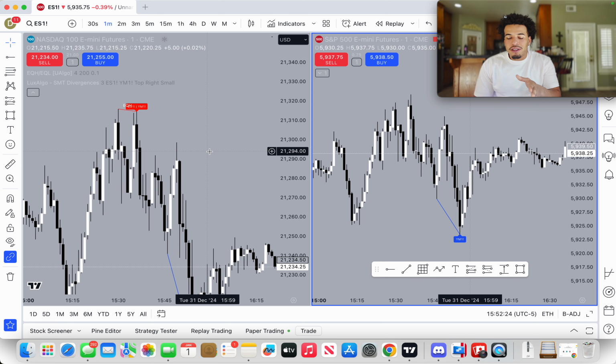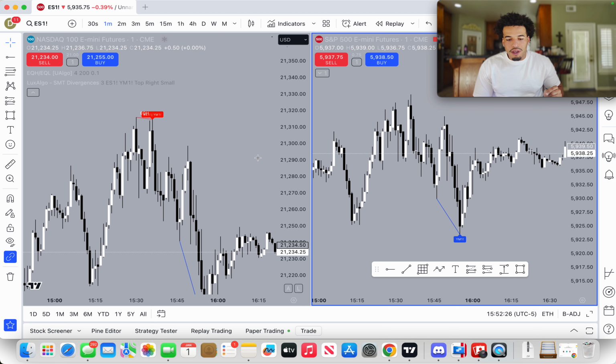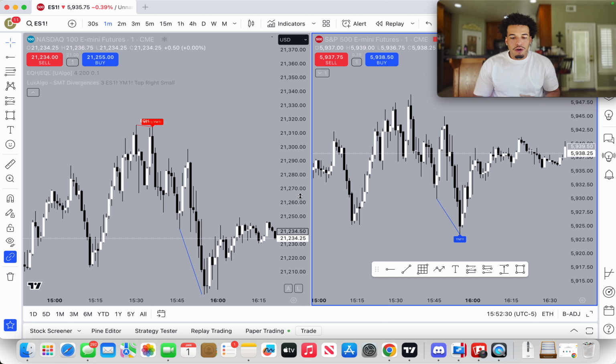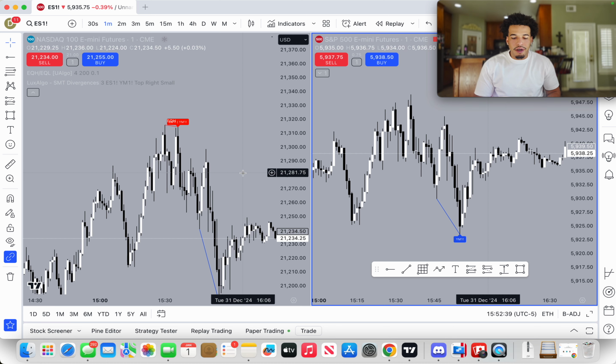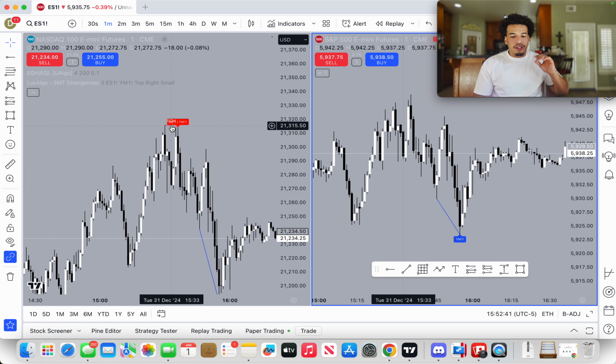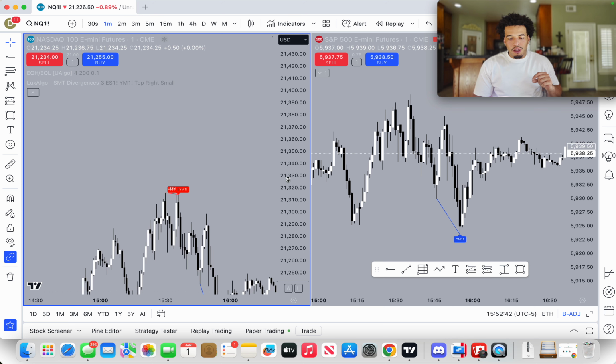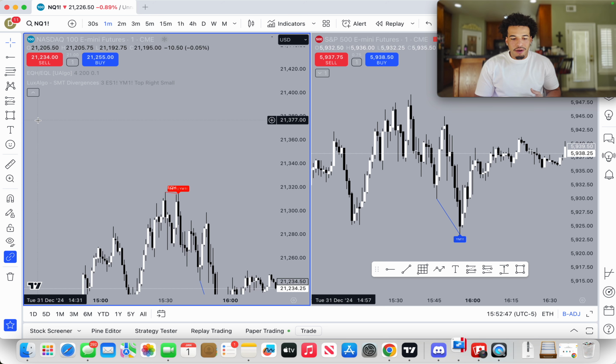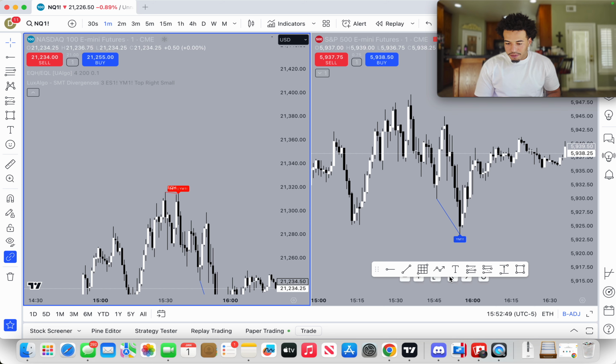Before we get into SMTs, you always want to look for some sort of liquidity on the opposing side of the market once that liquidity is targeted. That sounds confusing, but when sell side is taken, you want to look for buy side, and once buy side is taken, you want to look for sell side. I explained that earlier, just to reiterate it.